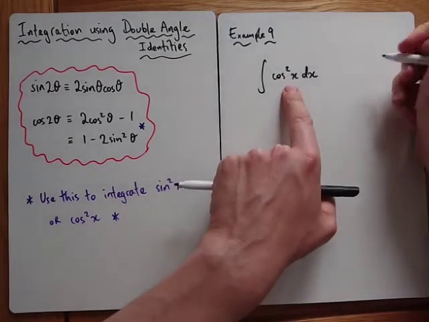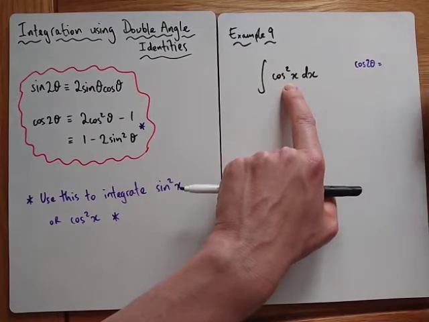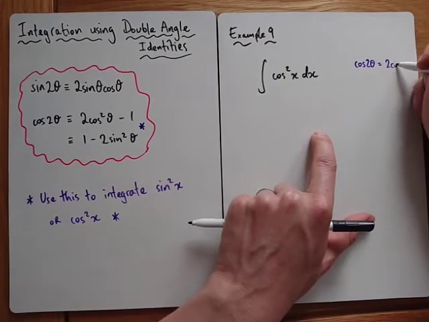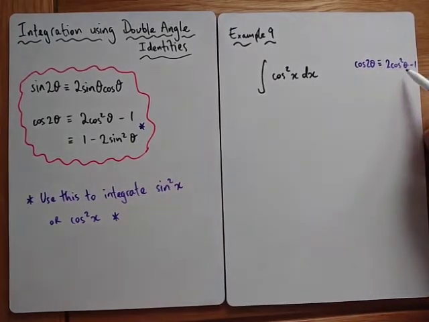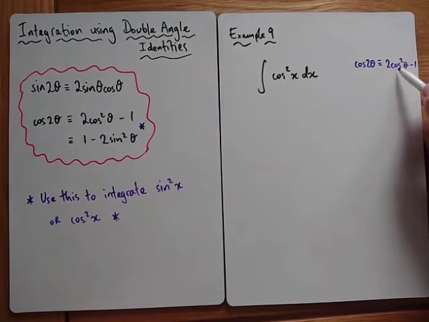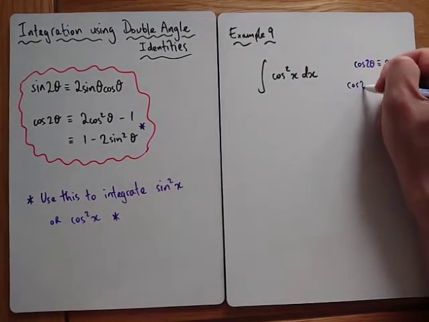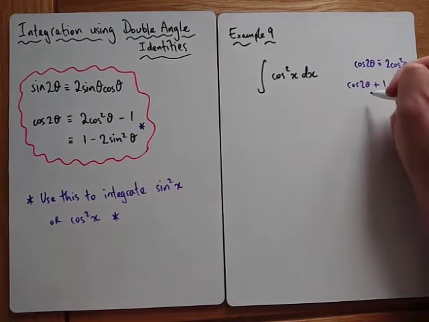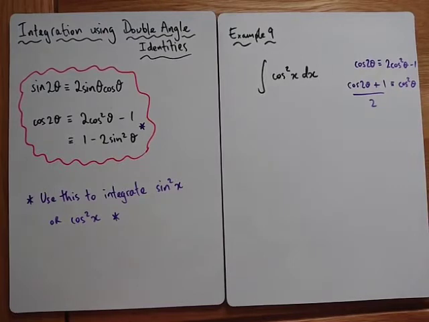So the first thing I'd do is write the identity down. If you're ever going to use the identity, write it down. So we know that cos 2 theta, let's use the one with cos squared in, is 2 cos squared theta minus 1. If we rearrange this identity, we can get an expression for cos squared. Add 1: cos 2 theta plus 1, then divide by 2, and that gives cos squared theta.